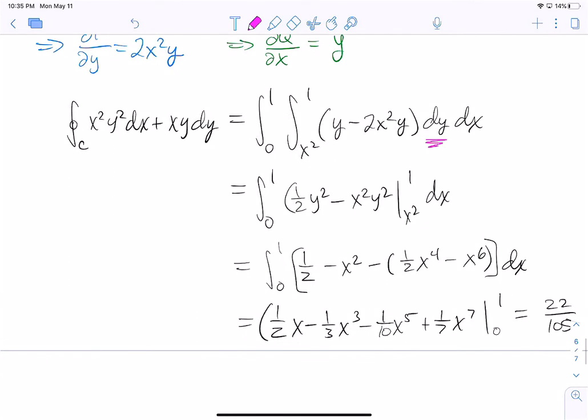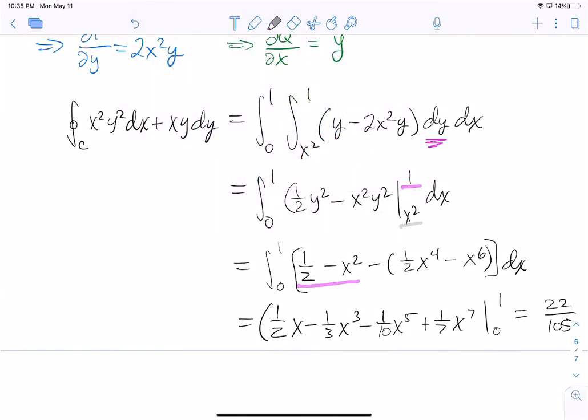Integrating with respect to y using the power rule is going to give me 1/2 y squared minus x squared y squared. That's going to be evaluated from x squared to 1. The whole thing is still in the integral from 0 to 1 dx. Substituting 1 in place of y gives me 1/2 minus x squared.